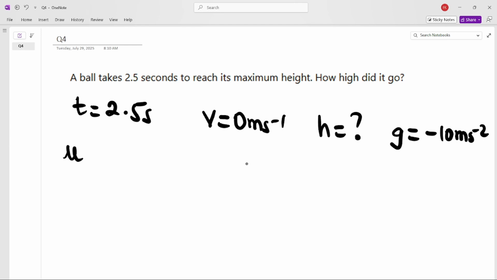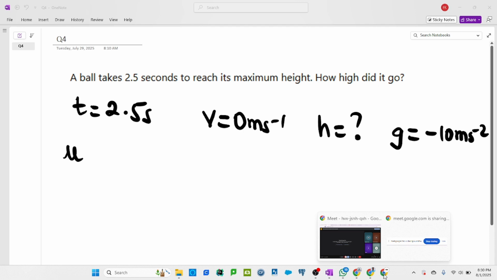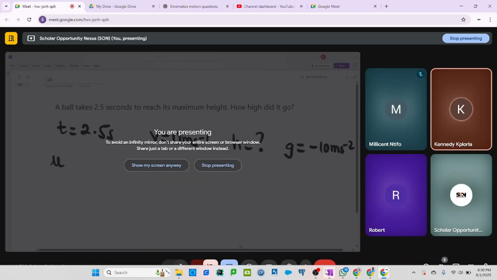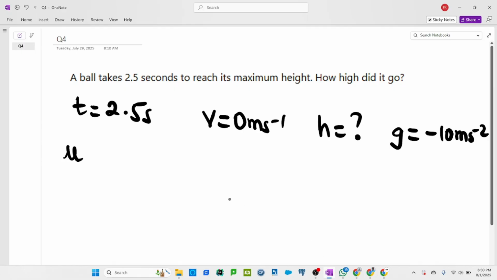Why? Because the initial velocity was not given, so we'll consider that the ball started with an initial velocity of 0. Yes, sir, u is 0 because the ball started from rest.